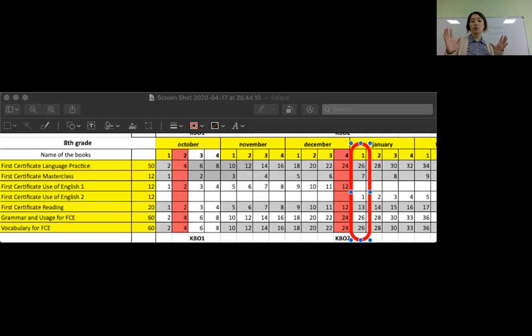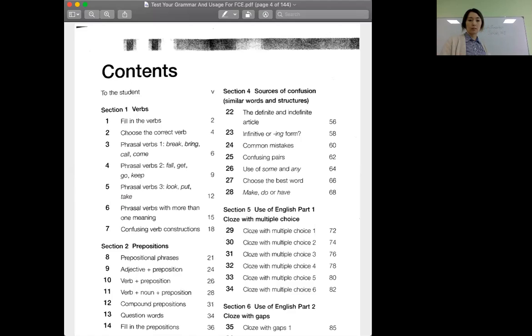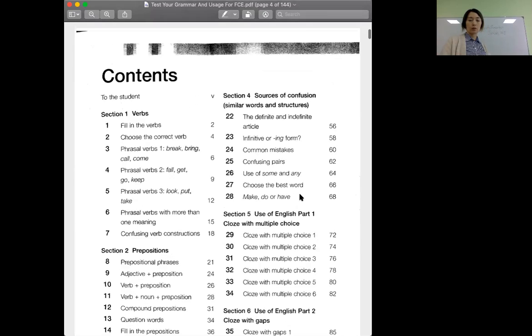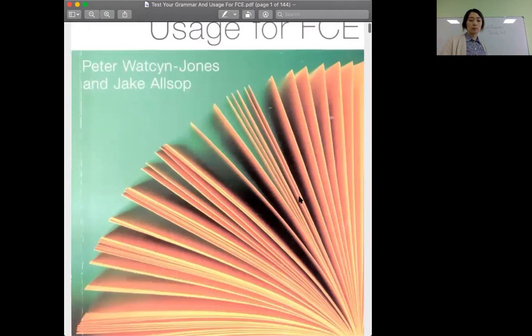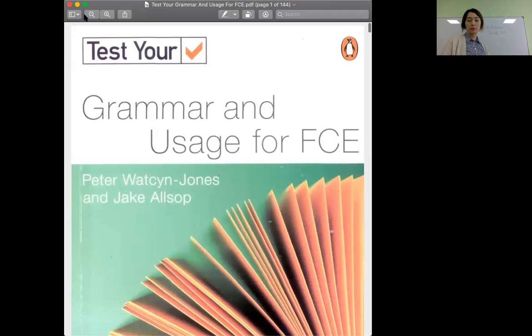So those are about pairs of words that sound similar, maybe even written in similar ways, but have different meanings. And 26 is about the use of some and any. Here we go. Grammar and usage for FCE. This is what it looks like.